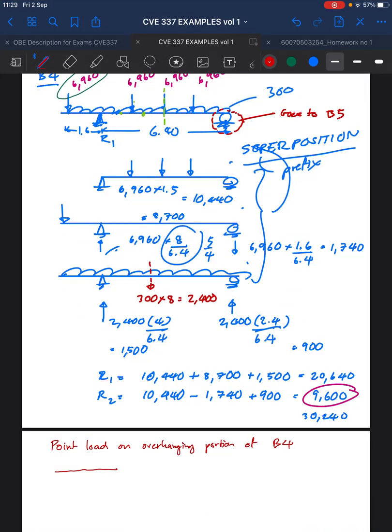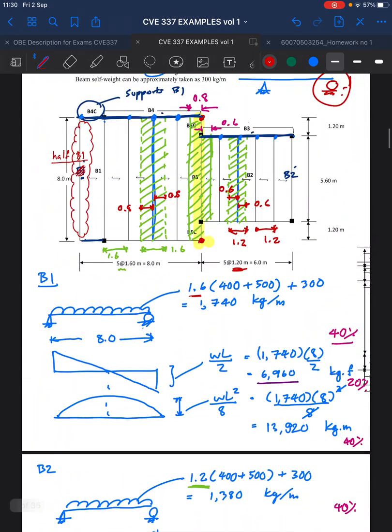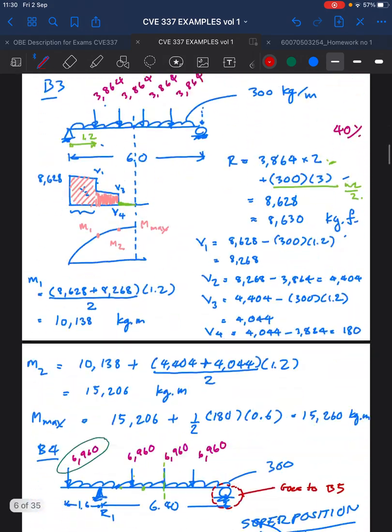All right, so that's the beam with the uniform load, which this time is going to be just 0.8 of tributary width, then dead load and live load 500 and 400. Am I correct? Let me scroll back up and see. Okay, and then plus the self weight of 300.